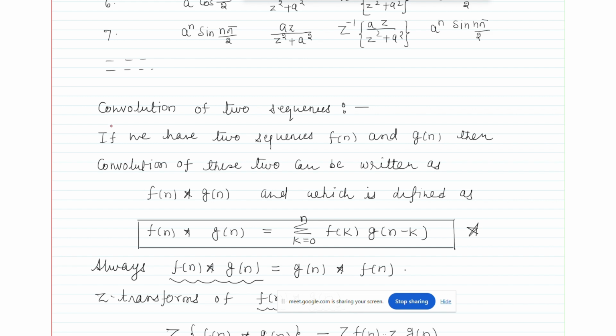First of all, you should know what convolution actually is. Convolution we always use for two sequences. In the z transform we are using only a single sequence f of n.